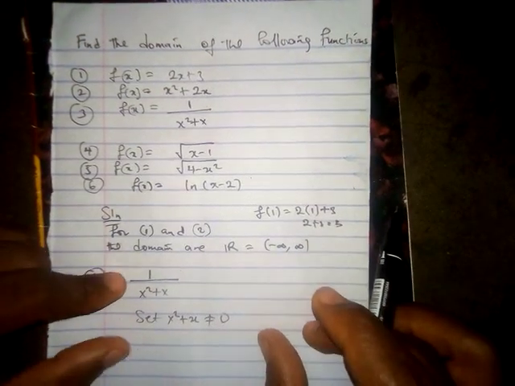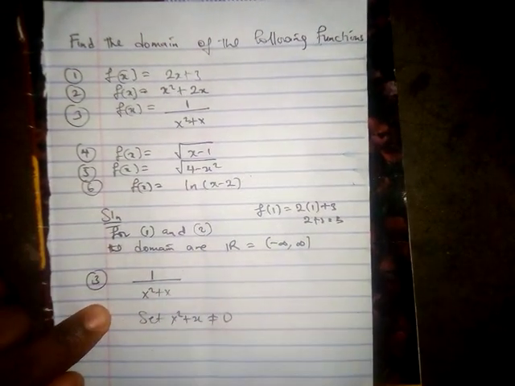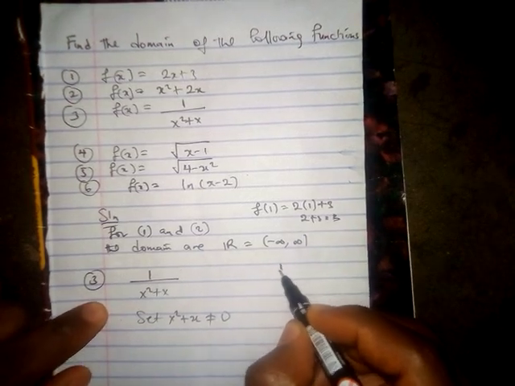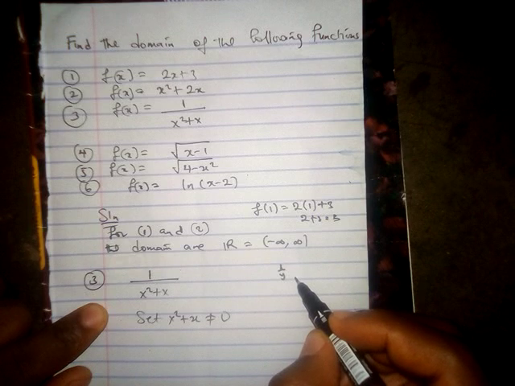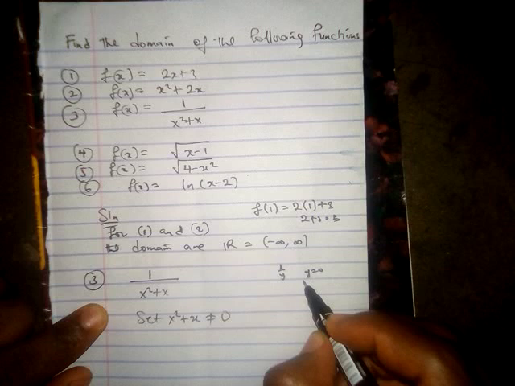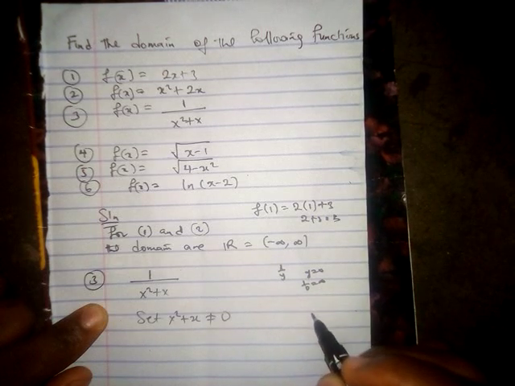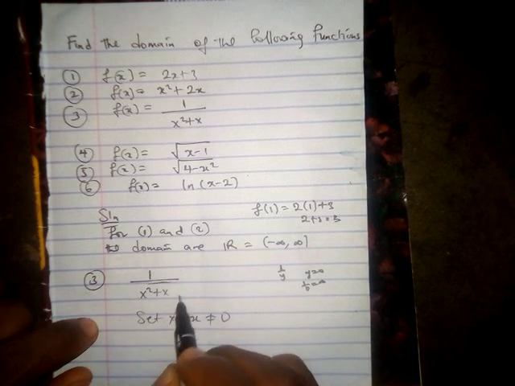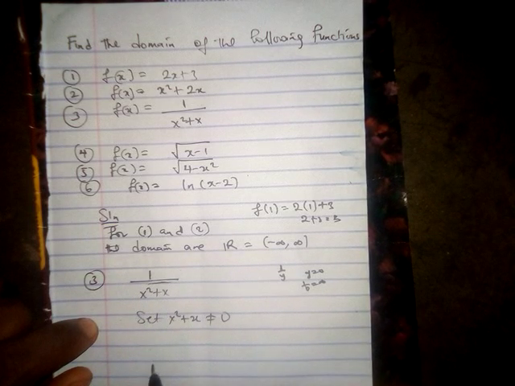Secondly, we go to this function. This is a very interesting function. Assuming we have a case, let's say 1 over y, at y equal to 0, observe that 1 over 0 is infinity, which is undefined. So we want to set a case where x squared plus x is not equal to 0.